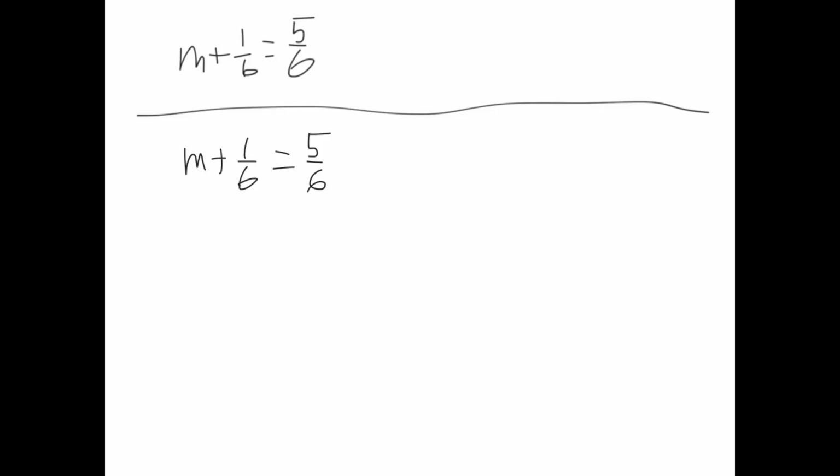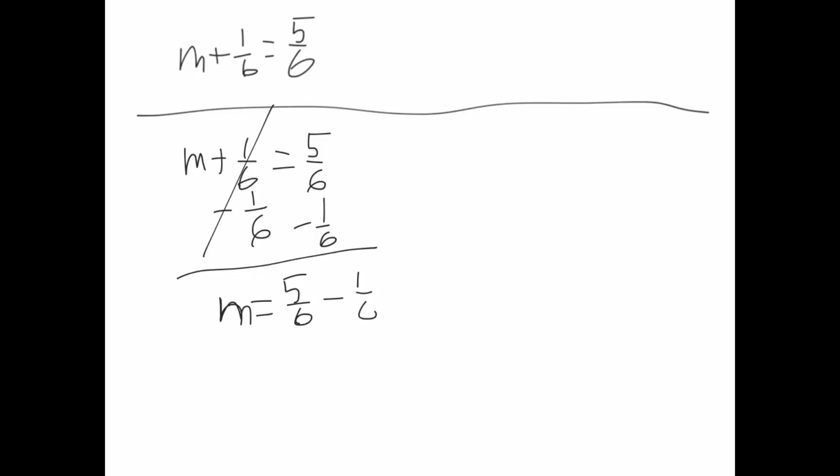So I would subtract 1/6, which crosses this out, and subtract 1/6 on this side, and then my answer would be m equals 5/6 minus 1/6, which equals 5 minus 1 over 6, which equals 4/6. And then I can divide that by 2, and my answer is 2/3.